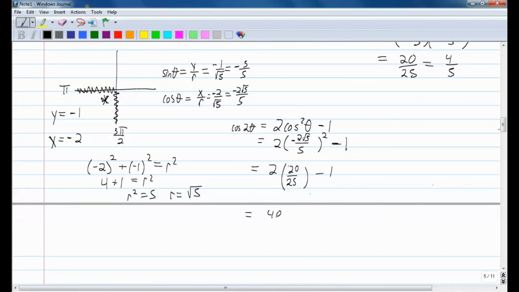That's going to be 40 over 25 minus 1. The common denominator would be 25. So you have 40 over 25 minus 25 over 25. So that's going to be 15 over 25, which reduces to 3 over 5, or 3/5.